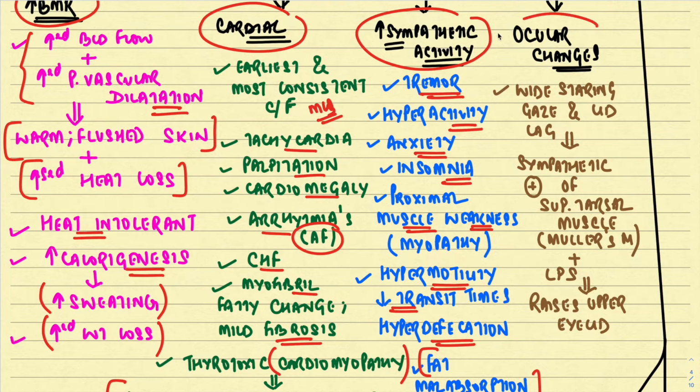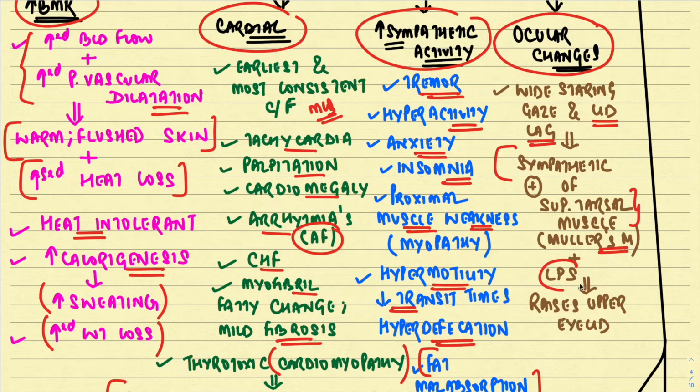Under the ocular changes, you have a wide staring gaze as well as lid lag. There is a wide staring gaze along with lid lag. There is a sympathetic stimulation. Now this lid lag, the upper eyelid actually lags behind because of the sympathetic stimulation of the superior tarsal muscle, which is called Mueller's muscle.